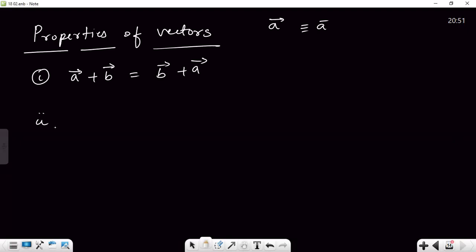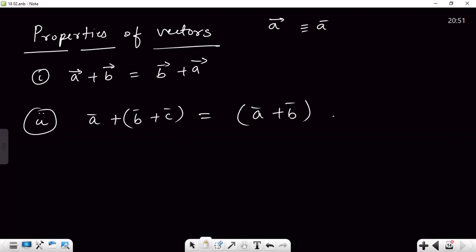So the vector addition is associative as well. If B vector plus C vector addition is getting further added to A, then it is equivalent to writing that A vector plus B vector addition is also added to vector C. Let's say that B vector is this, C vector is this, and B plus C vector is this, and A vector is this.